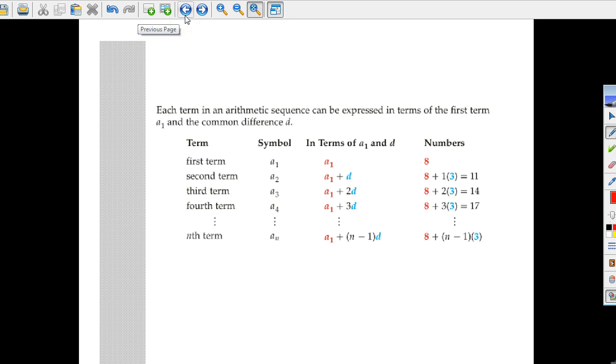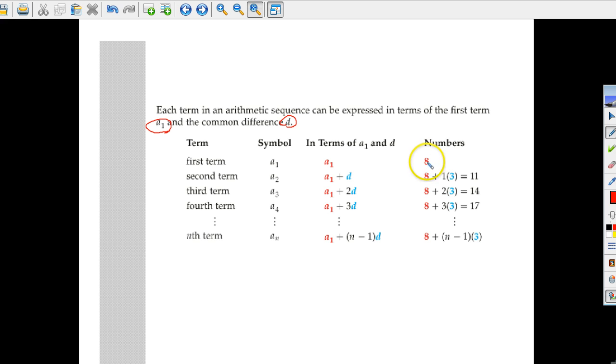Alright, welcome back. Each term in an arithmetic sequence can be expressed in terms of the first term, a1, and a common difference, d. So if the first term is a1, the next term will be a1 plus the common difference, d.